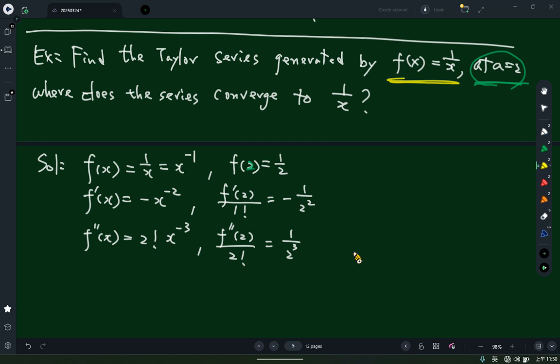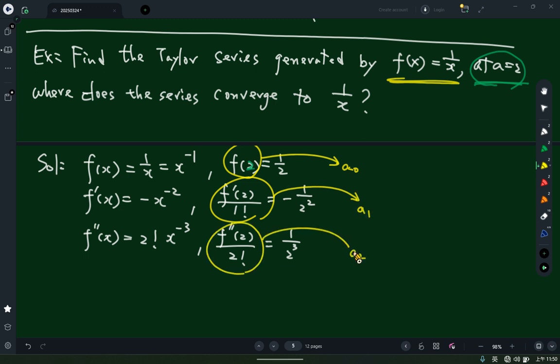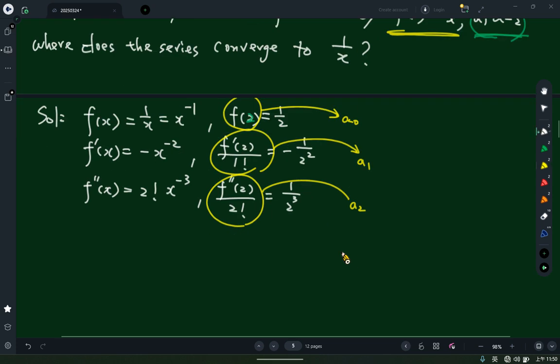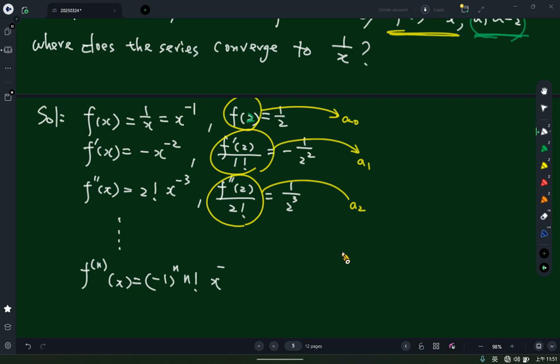So here you can see this is a_0, this is a_1, this is a_2. Following the same way, we can continue to get the nth order derivative of f(x) will be negative 1 to the power of n times n factorial times x to the power of negative (n plus 1).